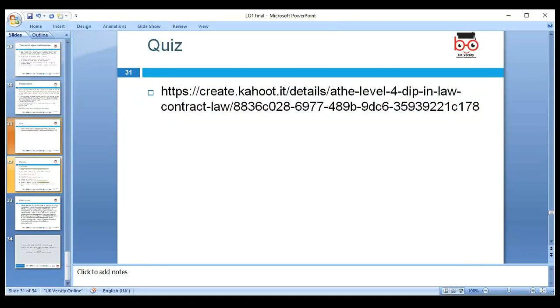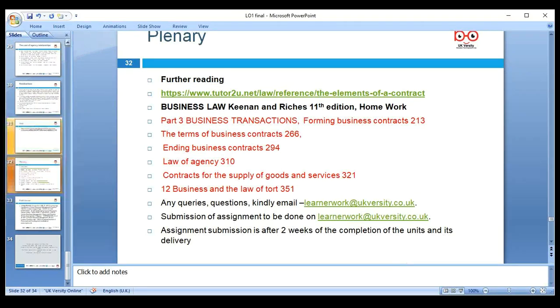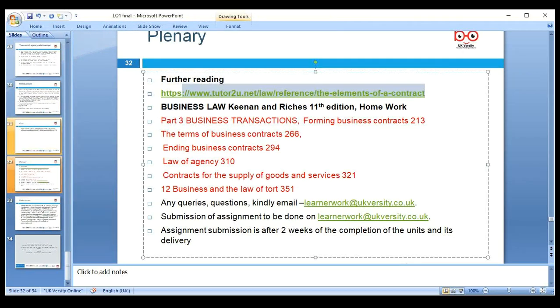Okay. Well done. Next, please. I copied here a link for you if you want to go through further reading. We have a book on Moodle called Business Law, OTHM 11th edition.